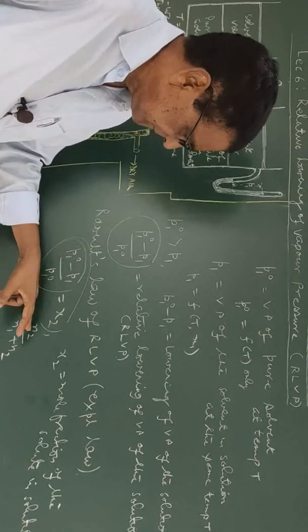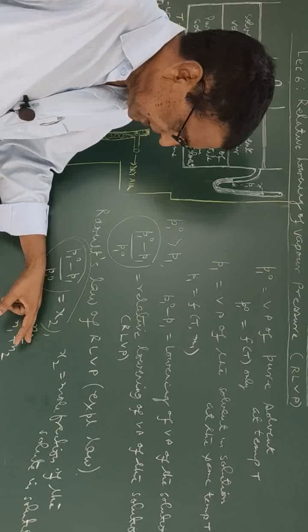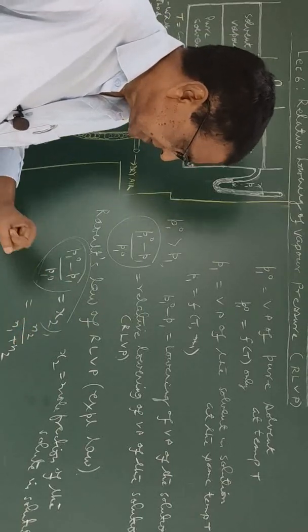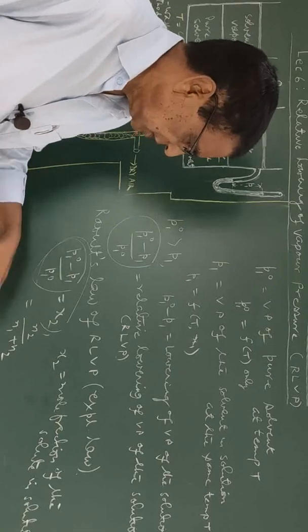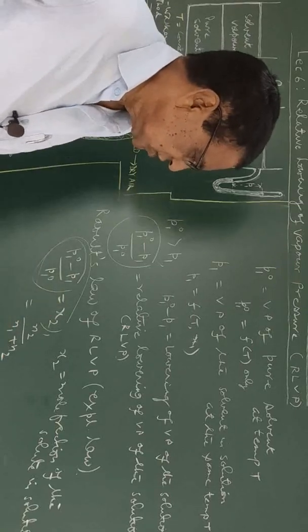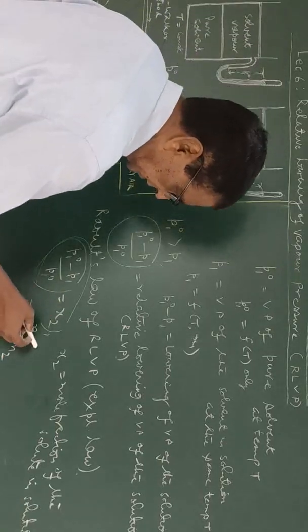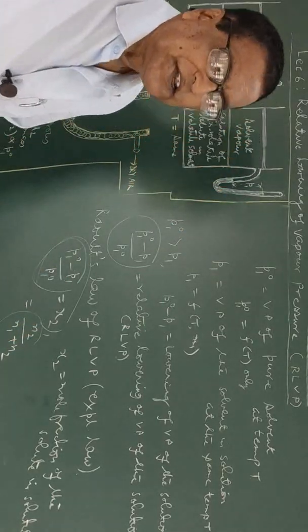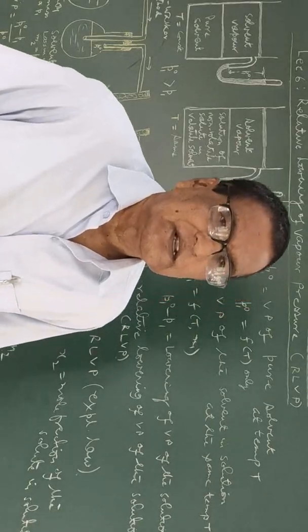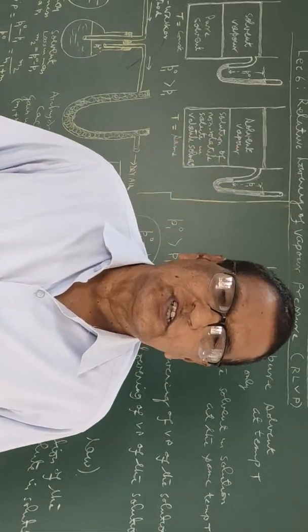We can say it is the number of particles of the solute relative to the total number of particles in the solution. So it is a colligative property, and it does not depend on the nature or chemical characteristics of the solute.